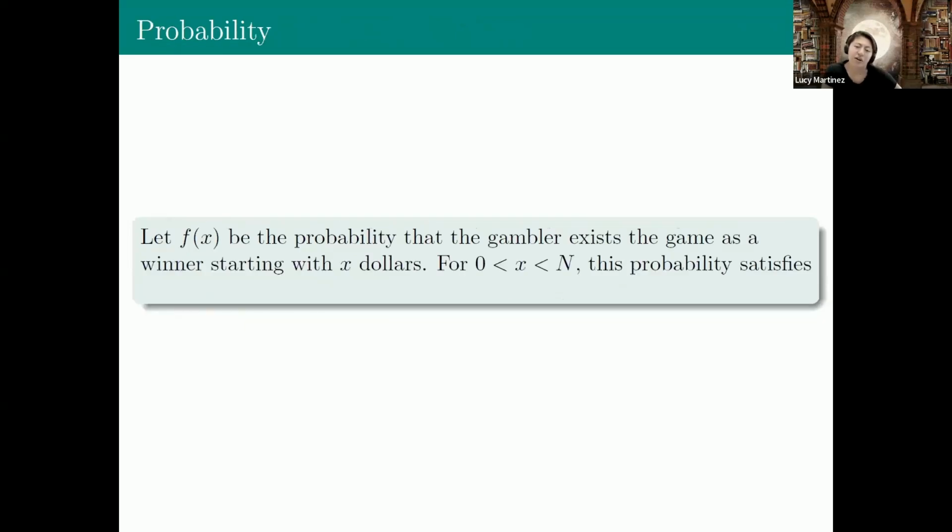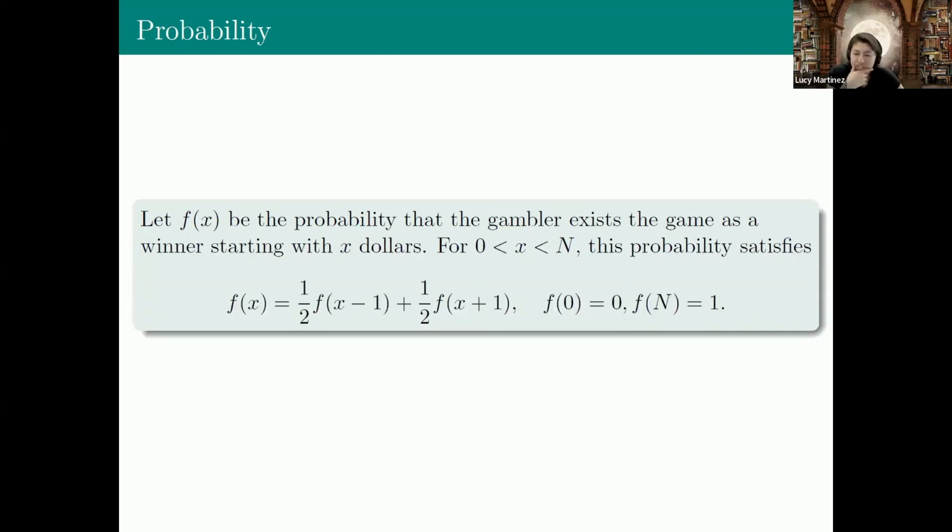Let's look now at the probability of the gambler exiting the game as a winner, or in other words, leaving this game with N dollars if it starts with X dollars. Similarly to the expected duration, this probability satisfies a recurrence relation.